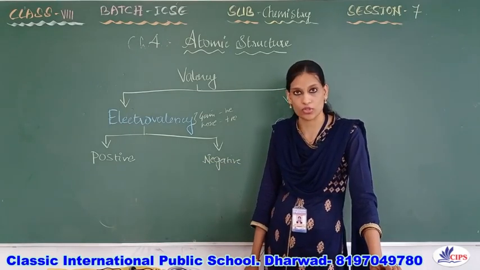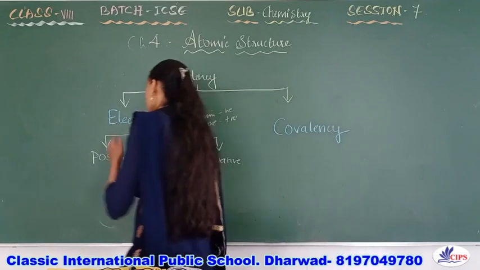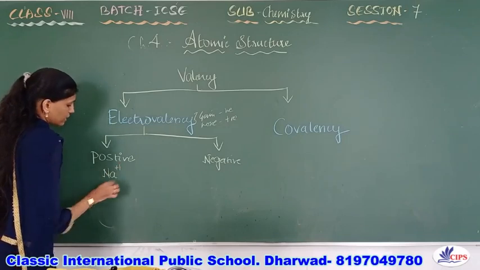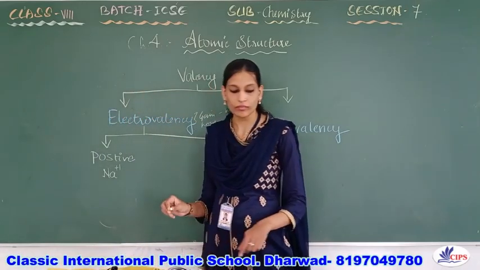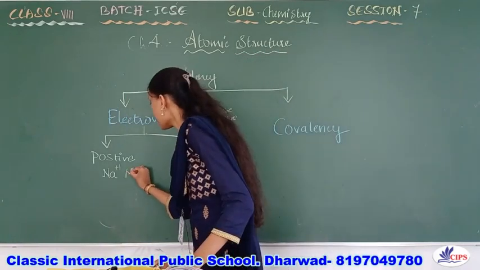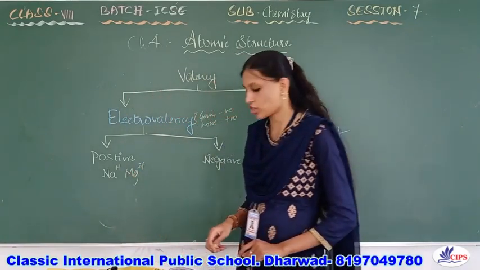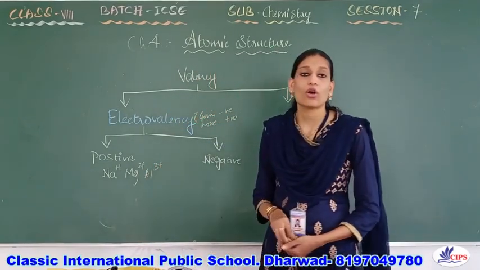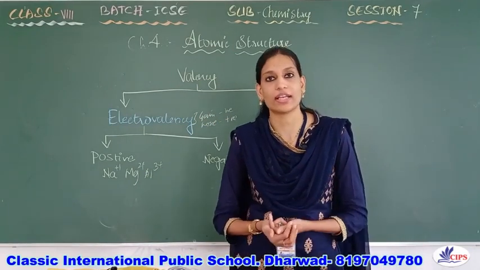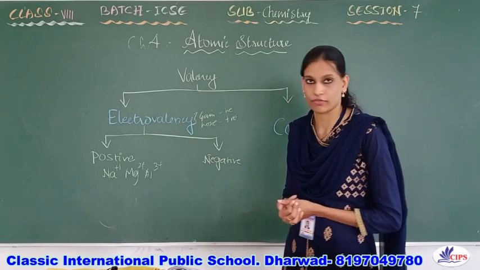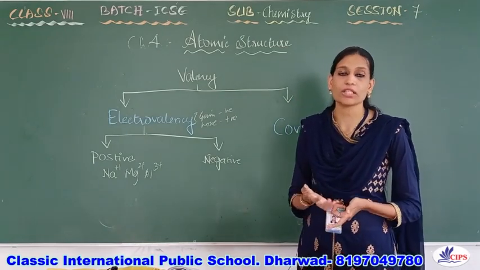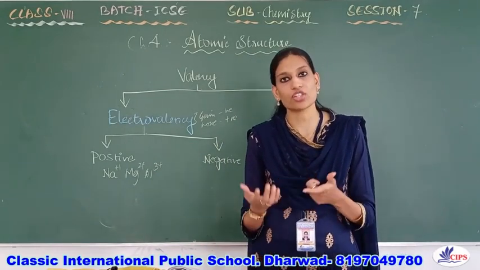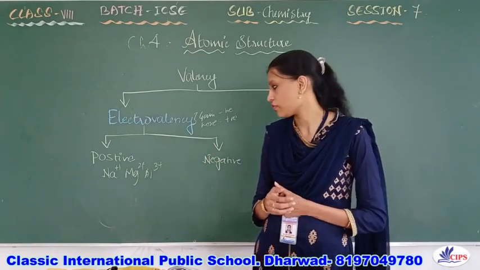Electropositive are those elements which have positive valency, Na+, right? Similarly, magnesium has 2+, and we have aluminium 3+. All those atoms which have positive valency, we call them electropositive, or else you can call them positive electrovalency. Whenever they lose the electron, there comes a charge on them, and we call them positive electrovalency.